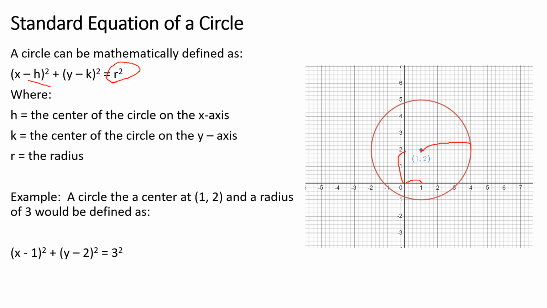So if this circle is defined with a center point of (1, 2), that's my h and my k, and a radius of 3, the equation would be written as (x minus 1) squared plus (y minus 2) squared equals 3 squared, or 9.